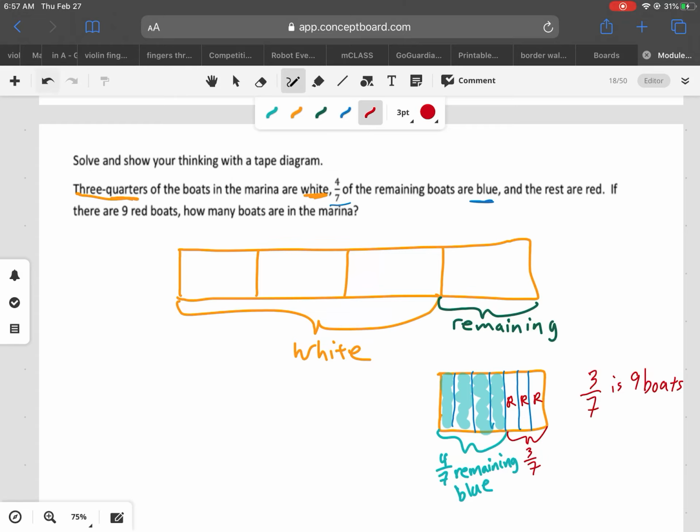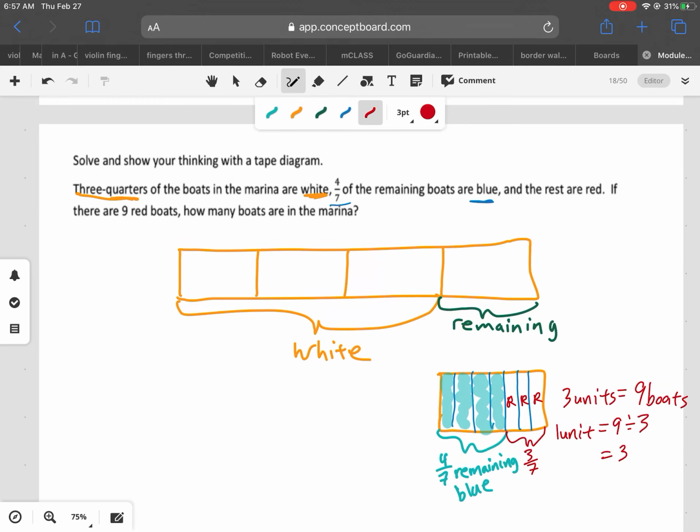Okay, so let me do that a little bit different. So we have our 3/7 here. So in this one, 3 units equals 9 boats. So if that's the case, then 1 unit is equal to 9 divided by 3, which is 3.